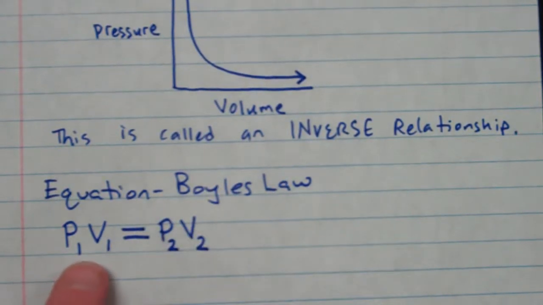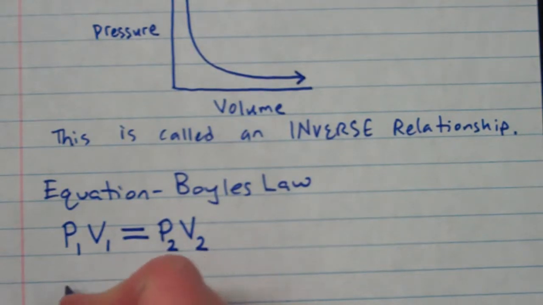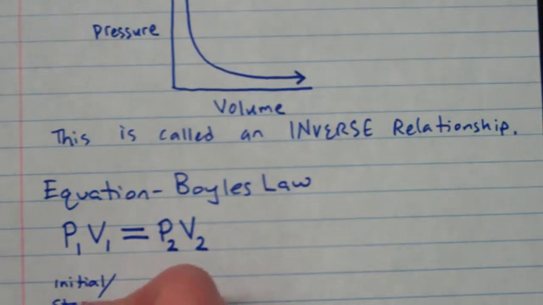All right, so these two on this side, these are kind of like the conditions in the beginning of the experiment, all right? And then you change something, and then this would be after. So this side is for the initial conditions, or the starting conditions.